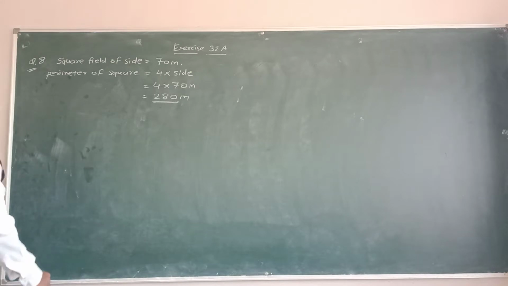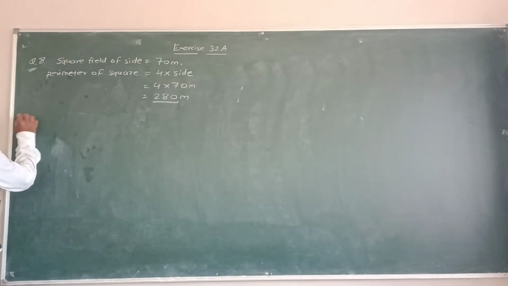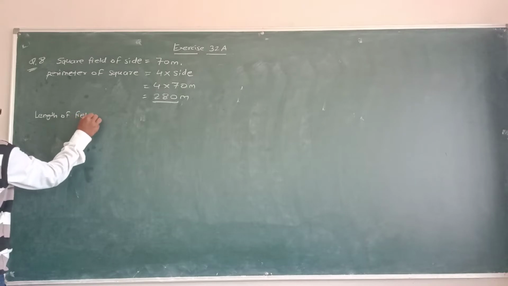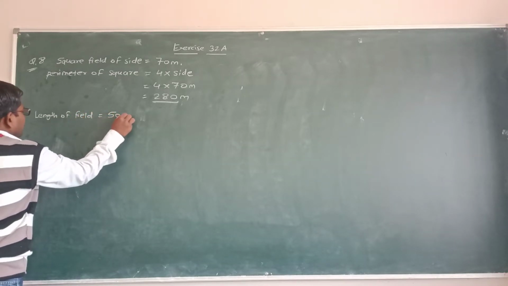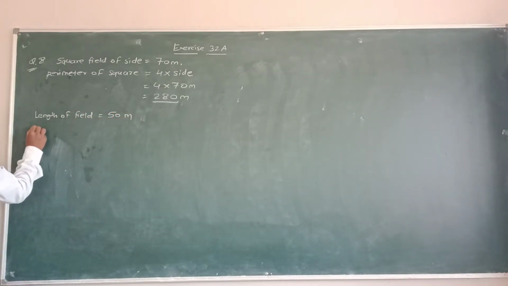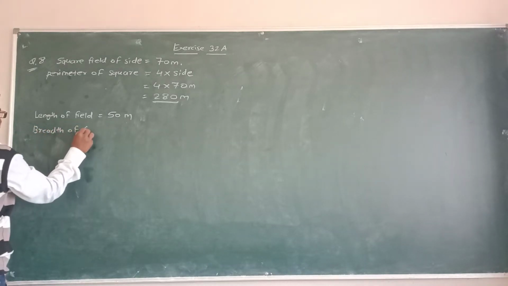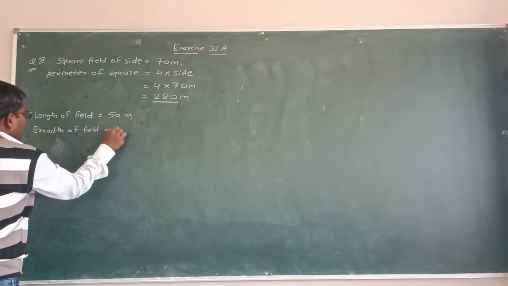Now find the perimeter of the rectangular field. First, the length of the field is given: length of field is equal to 50 meter and breadth of field is equal to 40 meter.